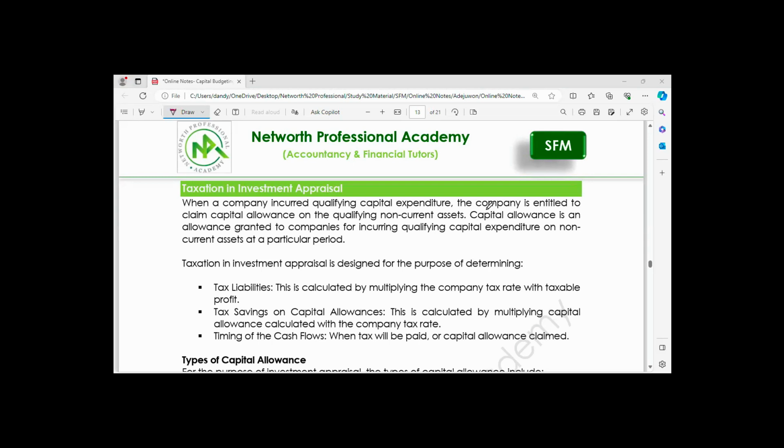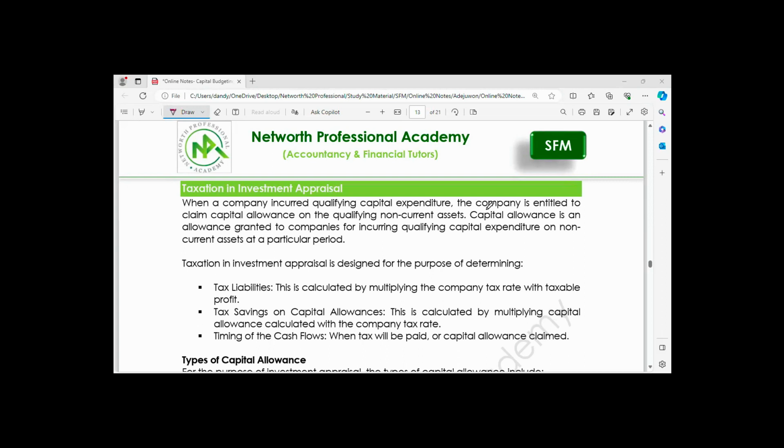Let's say, for example, the useful life of an asset is 5 years. In year one you claim annual allowance, in year two you claim annual allowance, and year three and year four you also claim annual allowance. In the final year, which is year five, when you dispose of the asset, you are not going to have annual allowance. You can have either balancing allowance or balancing charge.